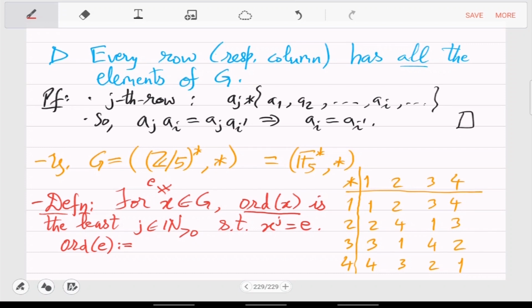And for the order of E, I can define it to be 0. That should work. Oh no, it will not work actually. You should define it 1. Well, then I don't need to define it. Then the previous thing was fine. So the order of E is implied to be 1, and there is no other element which has order 1, right?